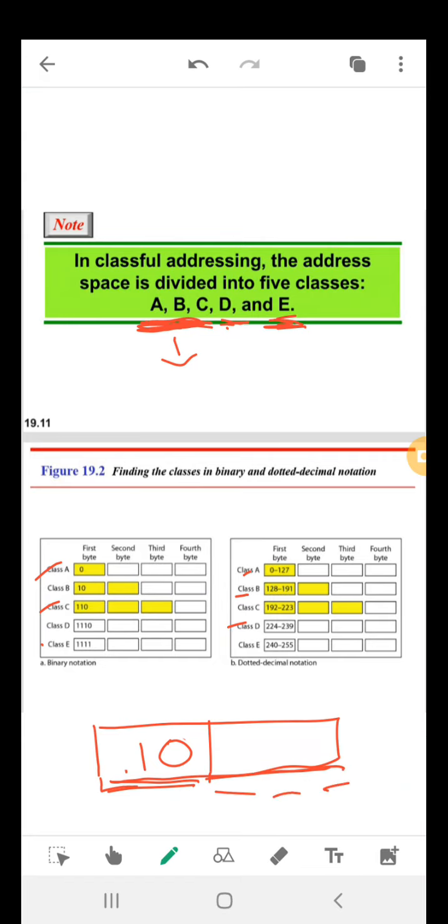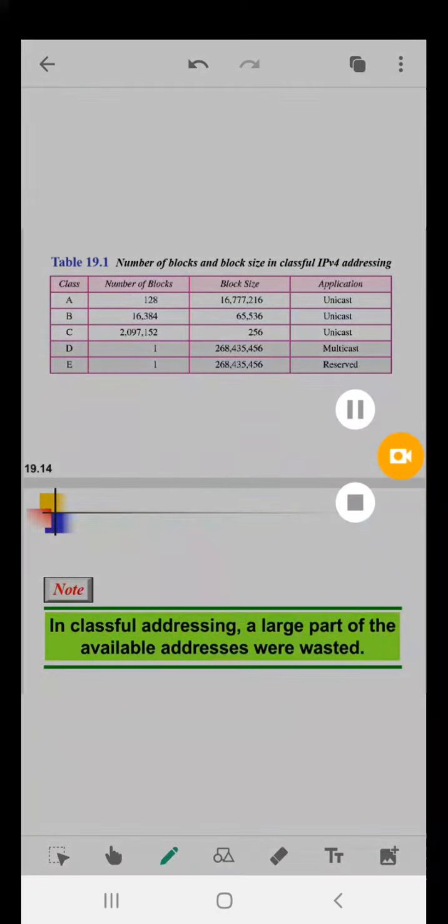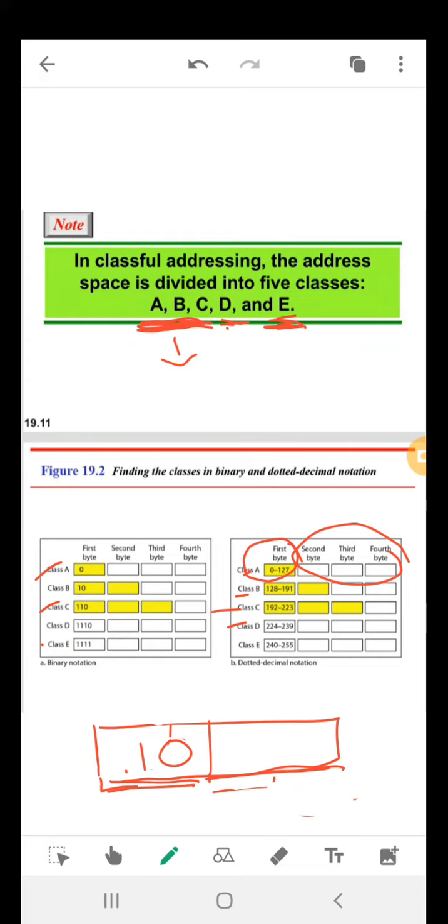Now with this configuration, if we have class A, then only the first byte can be used for network ID. That means how many possible networks can we have? Let us go back to the previous slide again. In class A, the first bit is fixed.